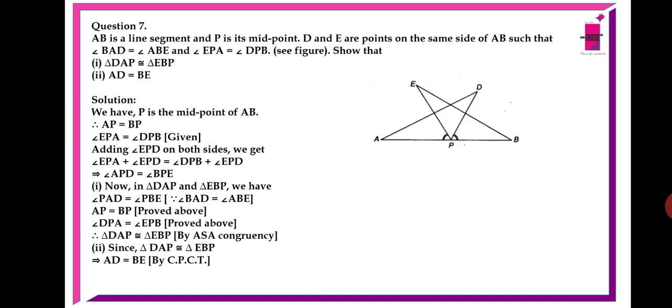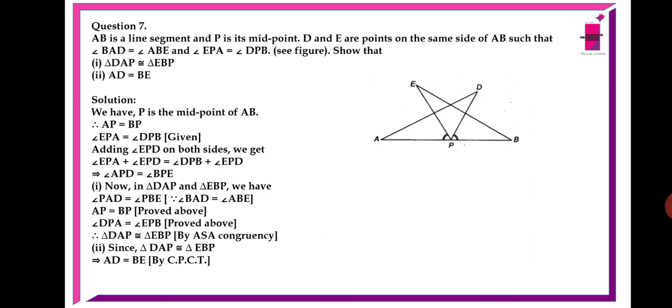Now, in triangle DAP and EBP, we have angle PAD equal to angle PBE, because BAD equal to ABE. You know that BAD or PAD are the same angles, as well as ABE or PBE are the same angles. So angle PAD equal to angle PBE, since angle BAD equal to angle ABE.